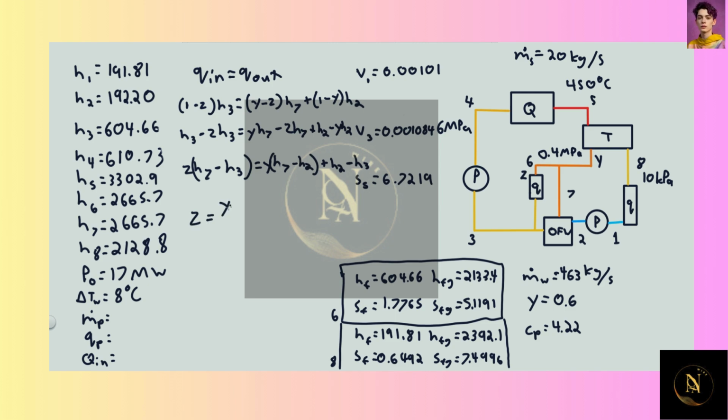Z is equal to Y (H7 minus H2) plus H2 minus H3 over H7 minus H3. So this will get us the percentage of steam flowing through the process heater. Then all we need to do is multiply by the rate of steam flow, and we will get our rate of mass flow through the process heater, which will be 10.4 kilograms per second.